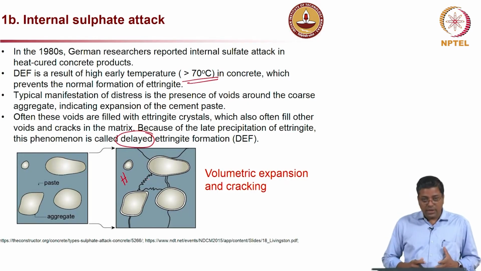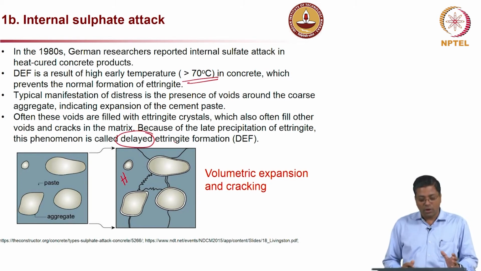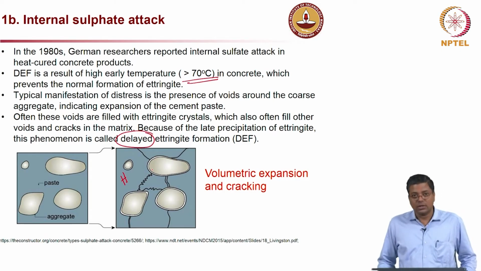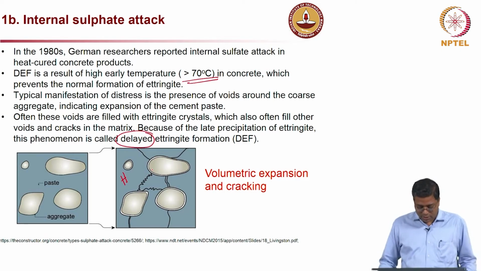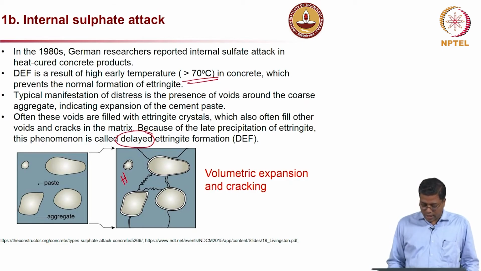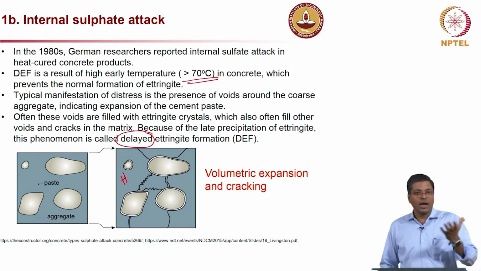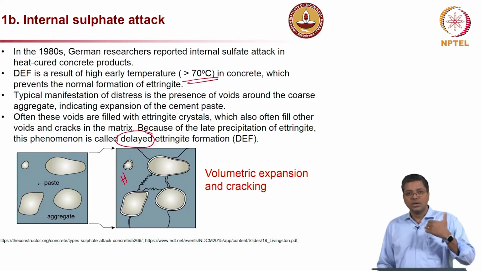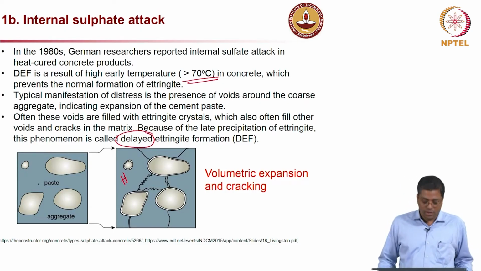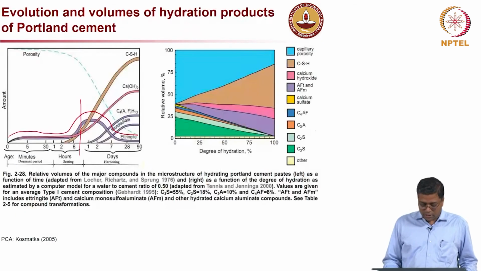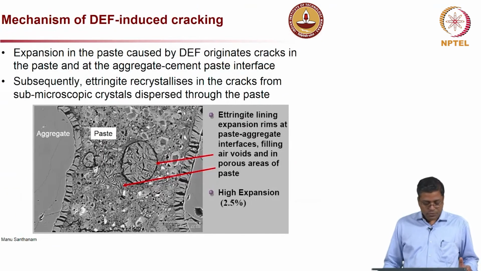So, it generates tremendous expansive stresses, which first occupy all the space between the aggregate and the cement paste, and then eventually exert tensile or expansive stresses, which lead to significant cracking. So, this is the problem with delayed ettringite formation, because the space required is not originally reserved, and when it forms at a later stage, it does not have that space, but exerts significant expansive stresses, which leads to cracking.